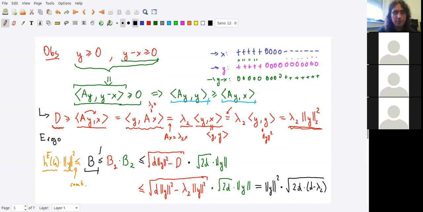Yes, it's upper bounded by Cauchy-Schwarz by the multiplication of two terms, b1 and b2. For b2, we had a pretty easy upper bound of the form square root of 2d times the norm of y. And for b1, we had a more involved upper bound of this form, where d was this Ay cross product y. And finally, we understood that d is at least this.